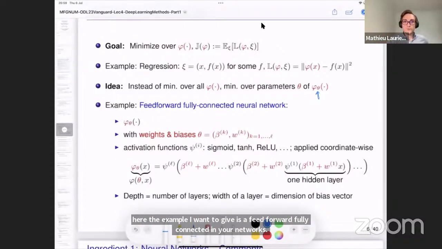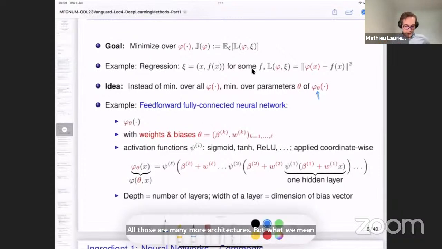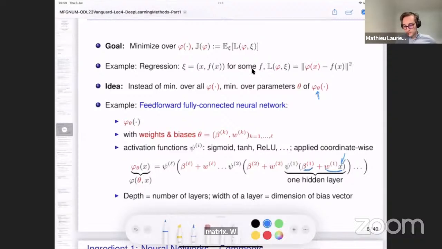But what we mean by a feed-forward, fully connected network is a function where you take your input, x, which could be multidimensional, you multiply it by a matrix, W1, and you add a vector, here beta 1. This operation gives you a new vector, and you apply an activation function, coordinate-wise.